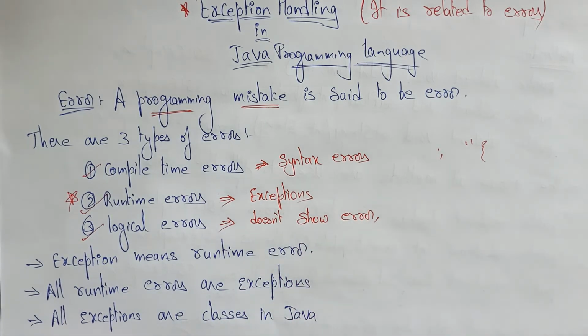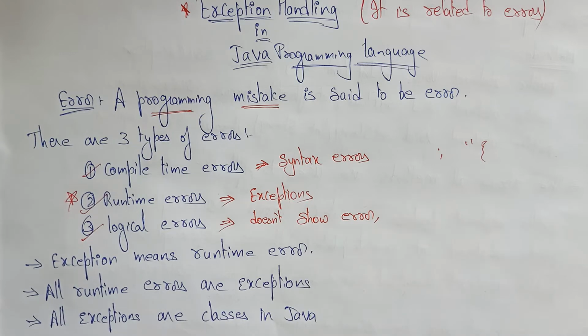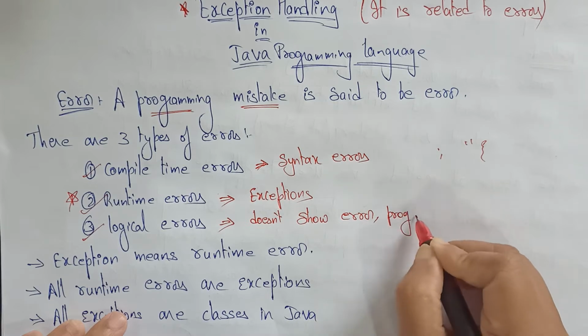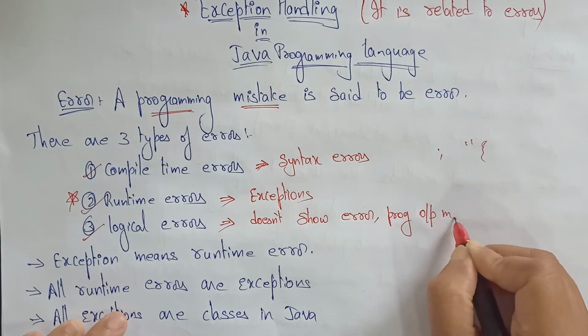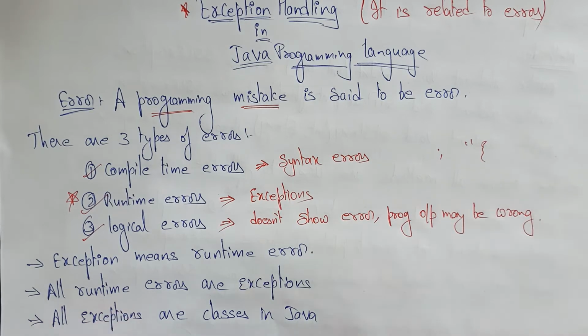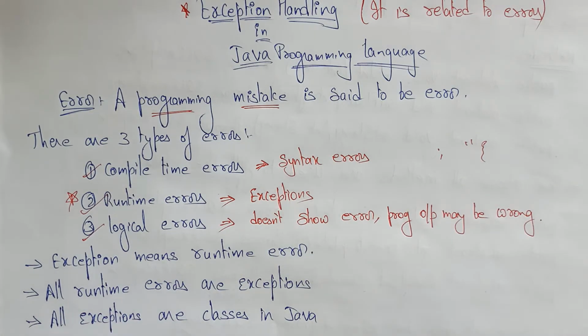Then what is the use of this logical error? If it doesn't show an error, the program output may be wrong. What you write is something, and it will display something else, because you made some logical mistake. So whatever you are expecting does not come as output.